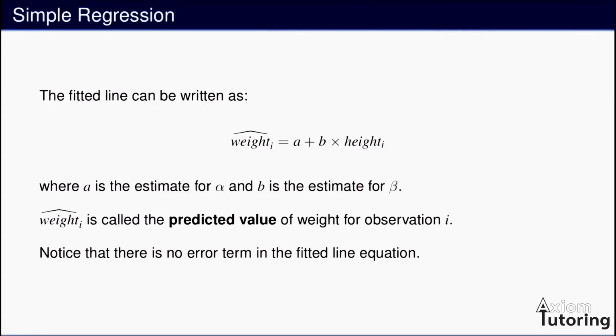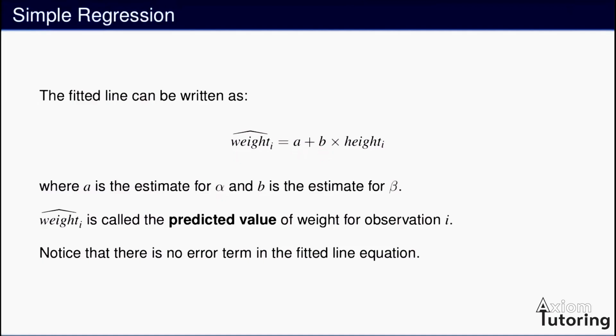So the fitted line can be written as follows. We have weight hat, so that's our predicted value for weight for observation i, equal to A plus B times height with i as a subscript. So why do we change the alpha and beta to A and B?